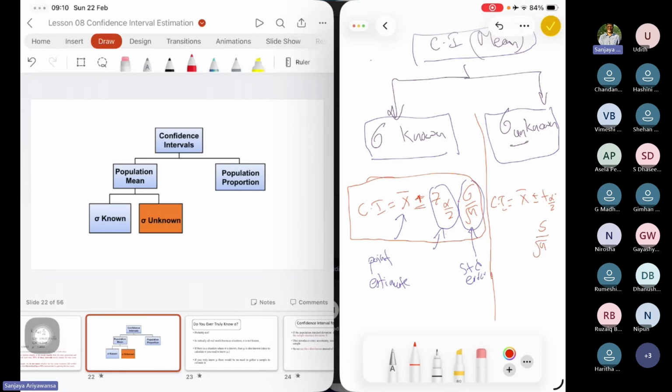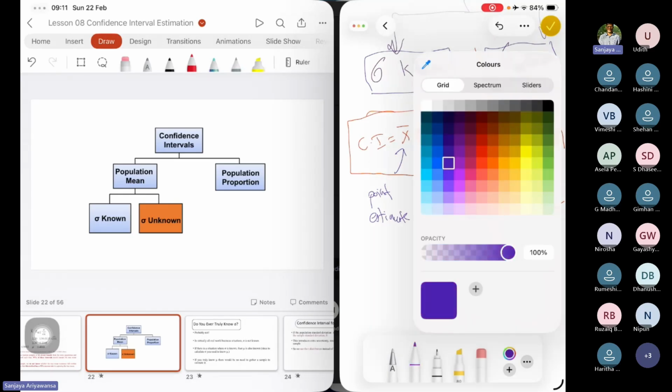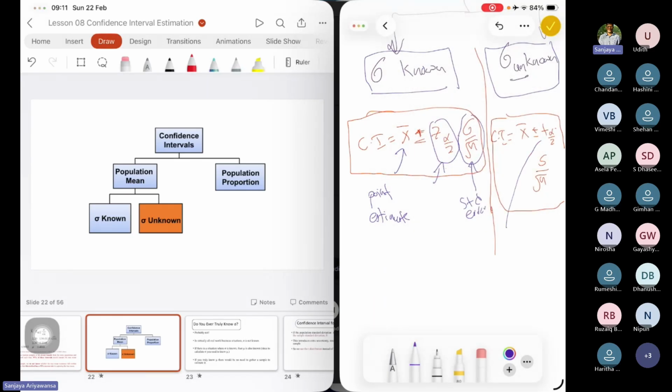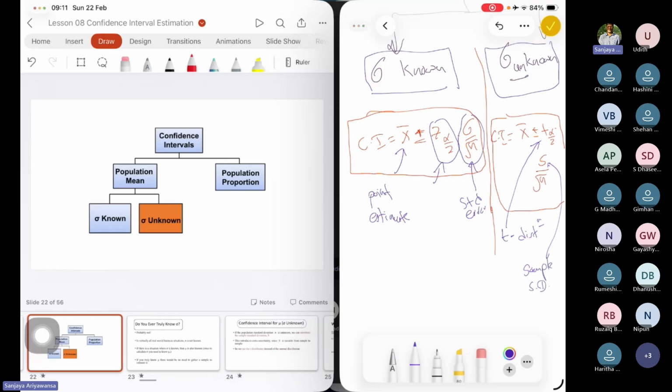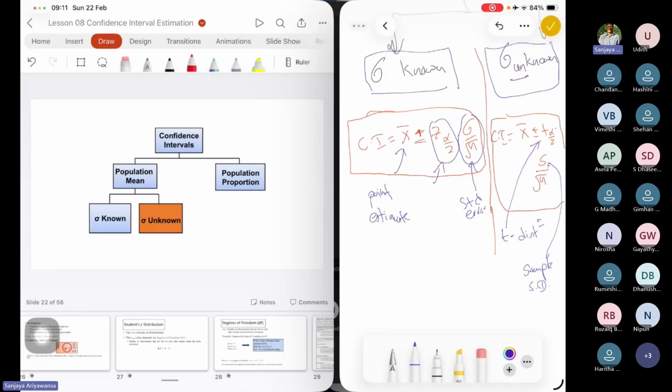The sample standard deviation is what we used because the population standard deviation is unknown. So the key changes are that we are using the t distribution and the sample standard deviation. I think we looked at an example there as well.